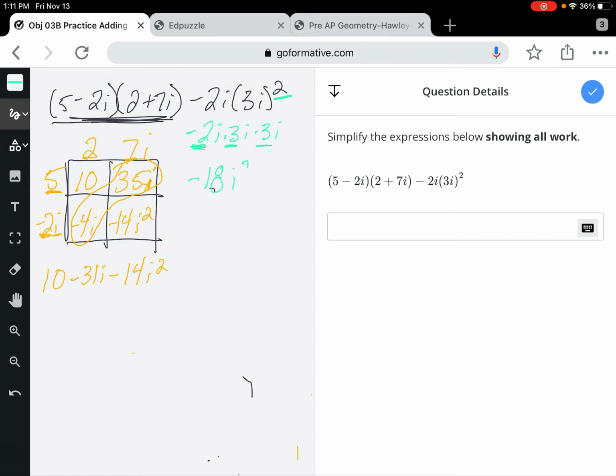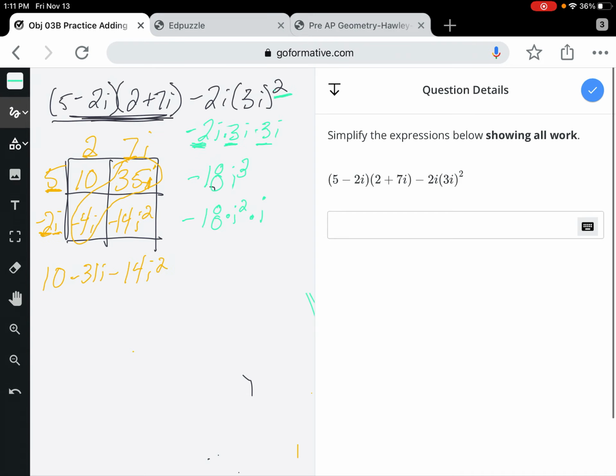This is going to be negative 18 times I cubed. I'm going to simplify that. Negative 18 times I squared times I. Okay, and we can simplify that, but I know I can make this I cubed into I squared times I. Okay, so right here I have minus 18 I squared times I.